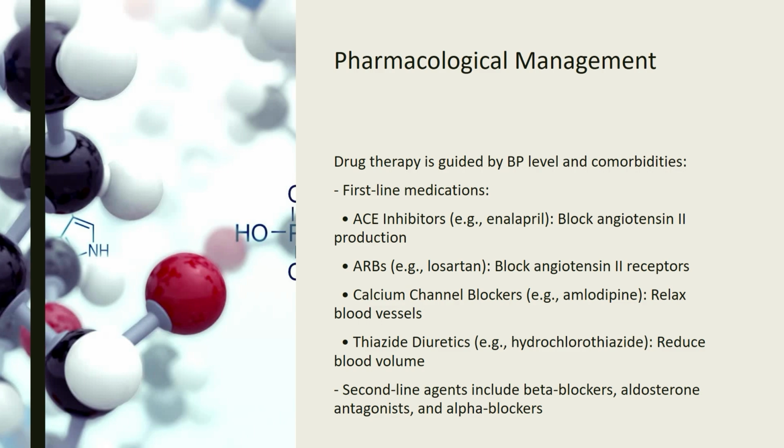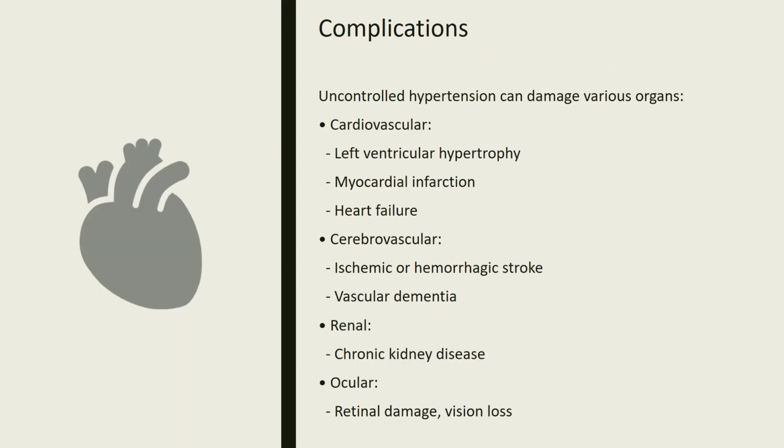Calcium channel blockers, for example amlodipine, relax blood vessels. Thiazide diuretics, for example hydrochlorothiazide, reduce blood volume. Second-line agents include beta blockers, aldosterone antagonists, and alpha blockers.